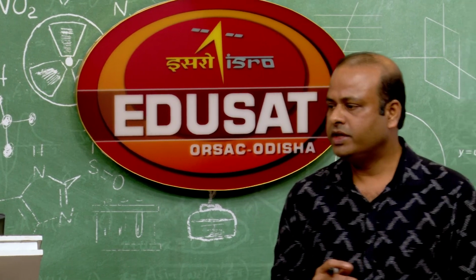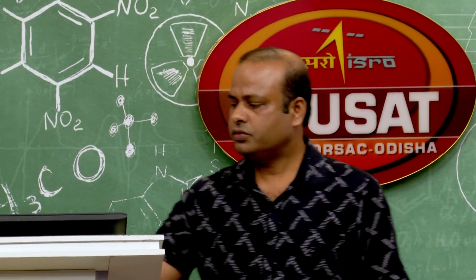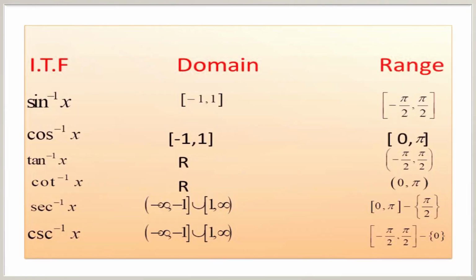Likewise, this table shows the domain and range of different inverse trigonometric functions. First I have already discussed sin inverse x, its domain is the closed interval of minus 1 to 1 and range is minus pi by 2 to pi by 2.